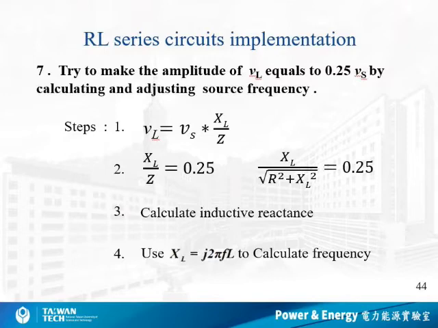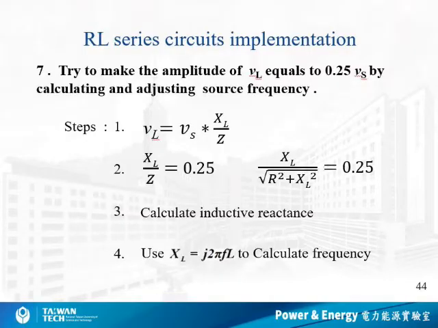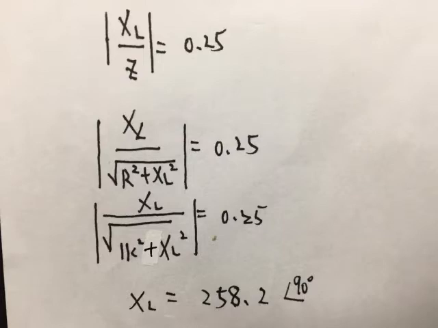Try to make the amplitude of VL equal 0.25 Vs by calculating and adjusting the source frequency. Follow the steps. First, use the equation of voltage across the inductor. Then we can get the ratio of reactance and impedance. Here is the step. Third, we can calculate the reactance. Here is the step.